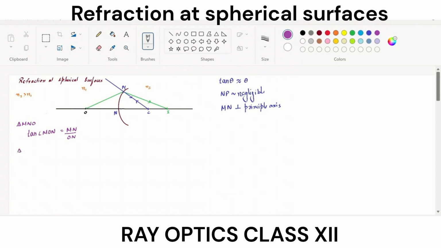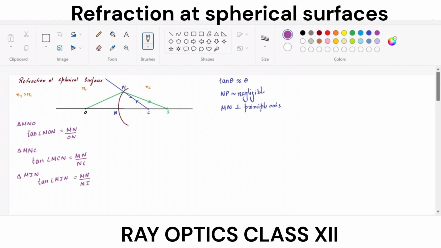Let's take another triangle, triangle MNC, that will be tan of angle MCN, equal to MN upon base NC. Finally, the next one is triangle MIN, and that will be tan of angle MIN, which is MN upon NI.